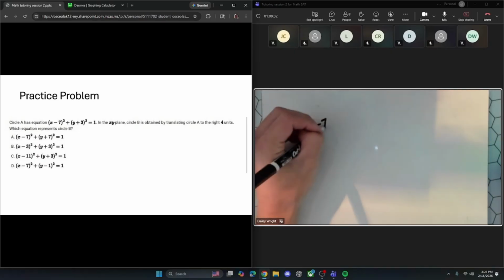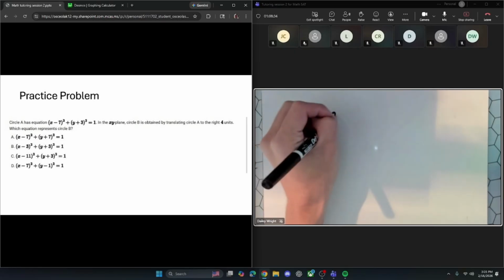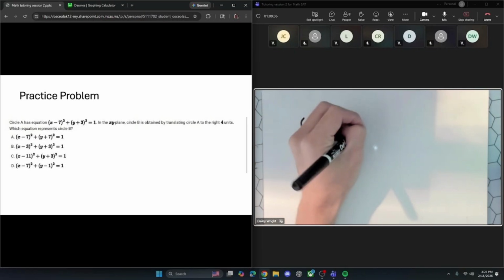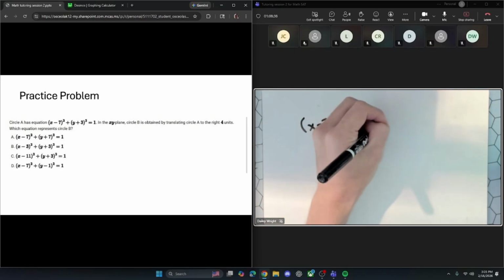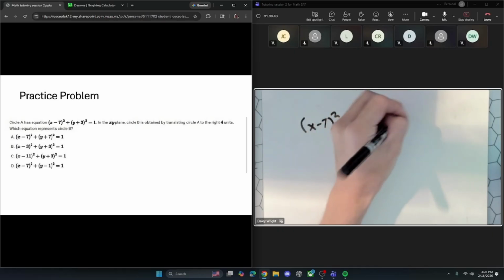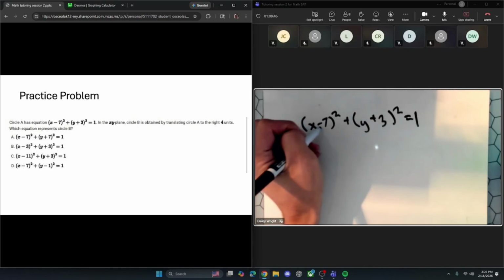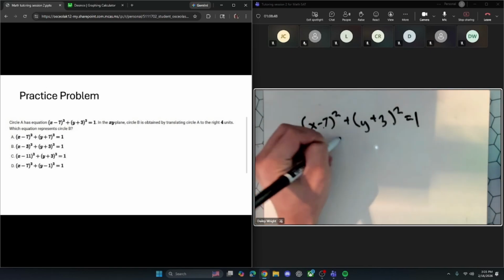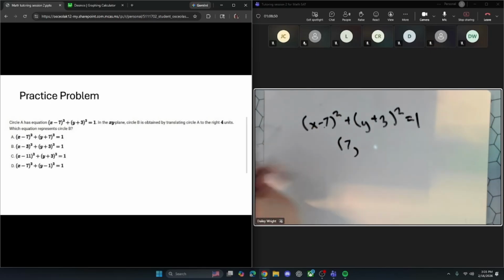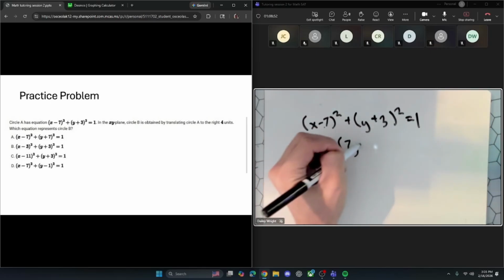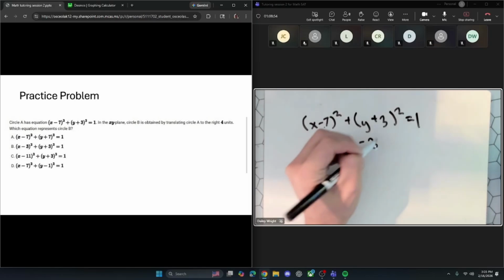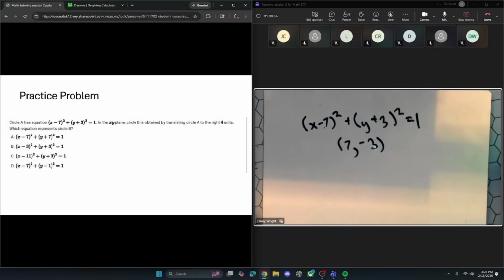If you're translating a circle, I would go based off its center. So we see this negative 7 here. That means the x value is 7. We see this positive 3 here. That means the y value is negative 3. And now I know my center is (7, negative 3).